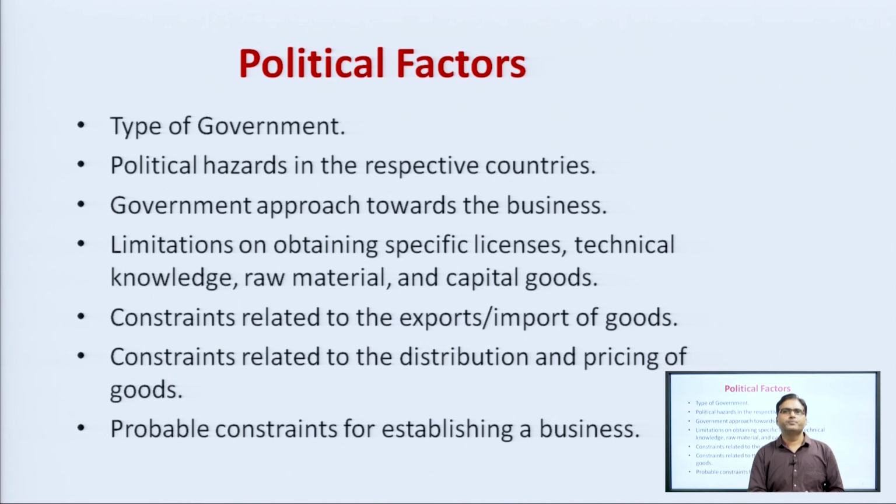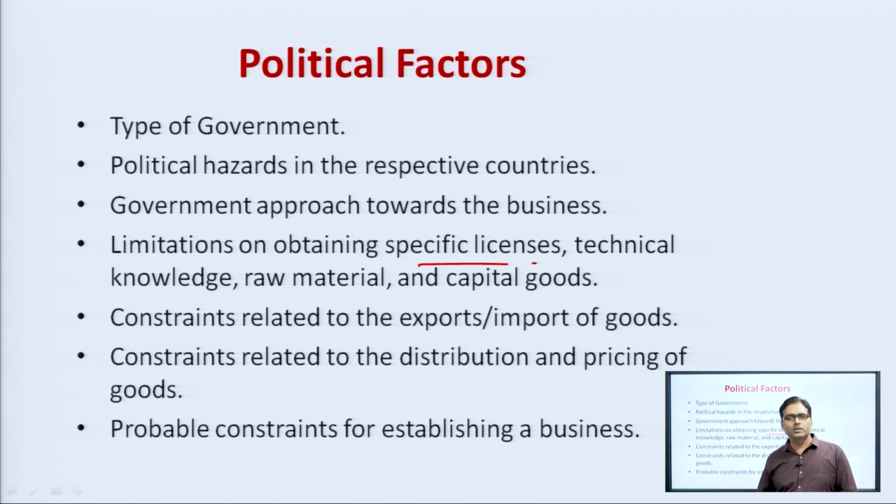At the same time, what are the restrictions and limitations on obtaining a specific license? Because licensing is the initial part, without which you cannot start international business. So, what is the specific licensing policy in the country where you are going to run your business?